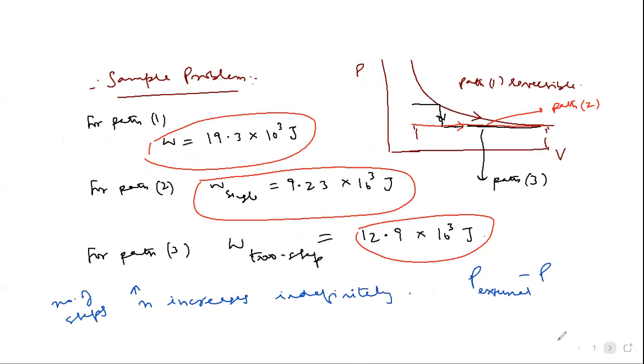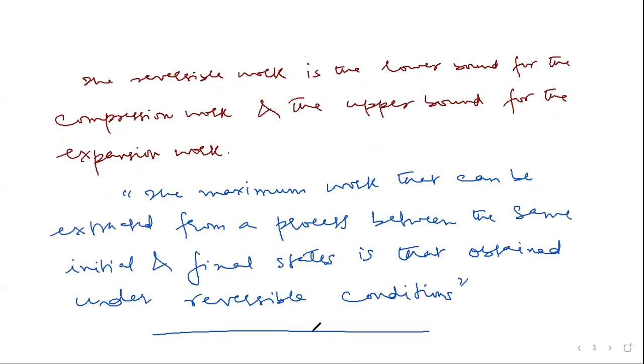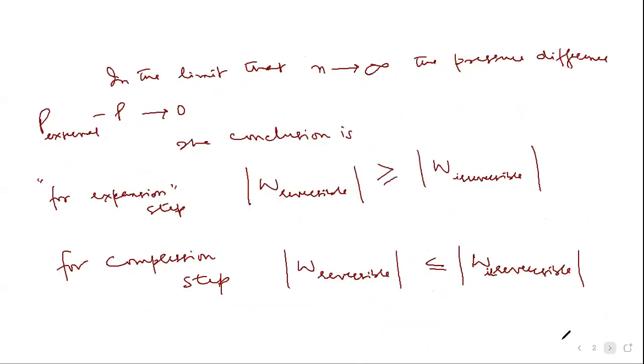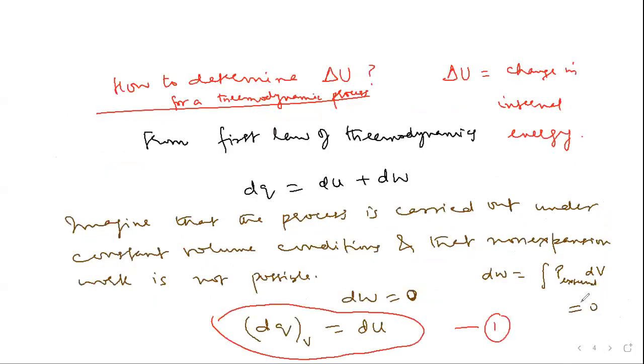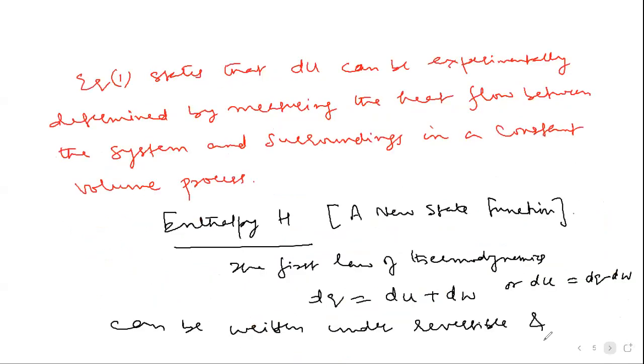From that sample problem, we established this result: the maximum work that can be extracted from the process between the same initial and final states is that obtained under reversible conditions, right? Then we said how we can determine the change in internal energy for a thermodynamic process. Simply, we have to measure the heat flow between the system and the surroundings at constant volume conditions, right?